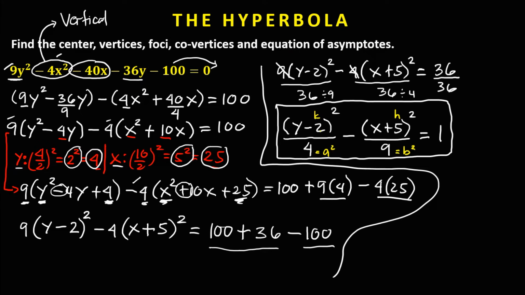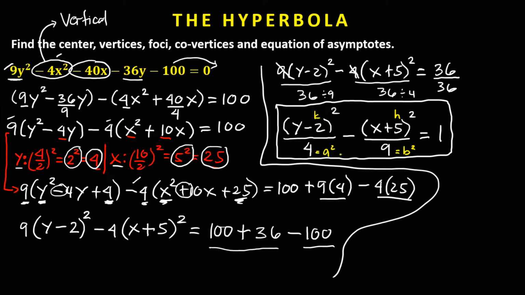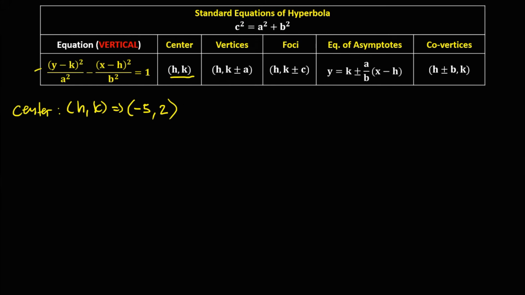Then k is negative 2, so k is positive 2. So the center is negative 5 and positive 2. Then to solve for a, since a squared is equal to 4, we have a squared equals 4.